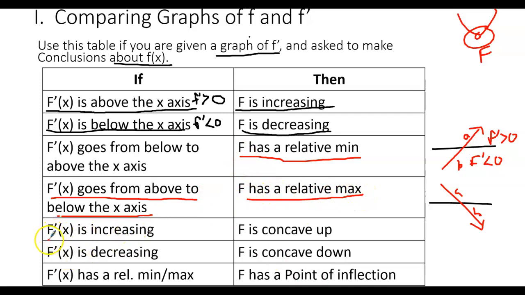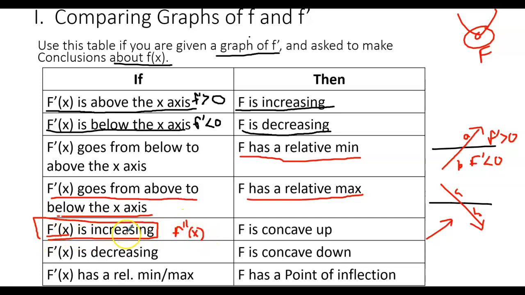Now, if f prime is increasing, that means that f prime is going in an upward direction. Now this takes a little bit more thinking, so let's be careful. If f prime is increasing, what that means is that the slope of f prime is positive. The slope of f prime is the second derivative.